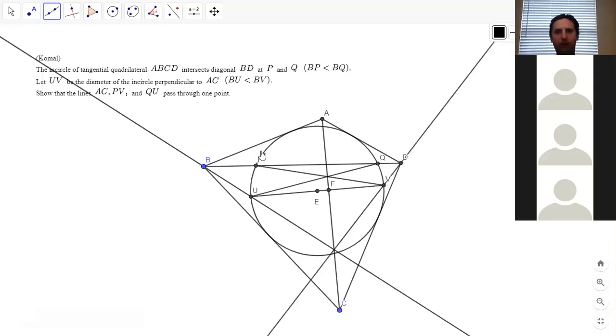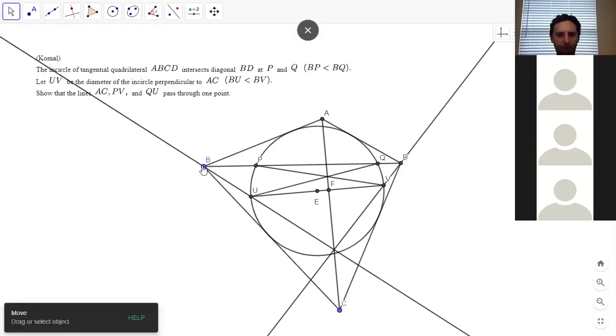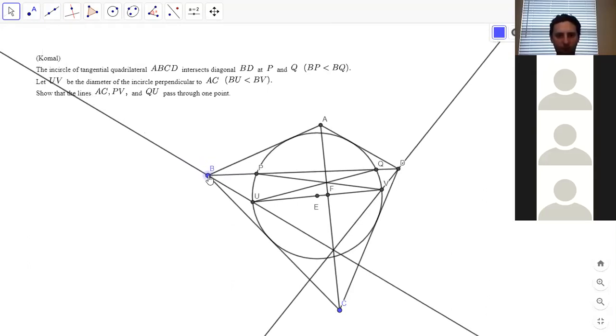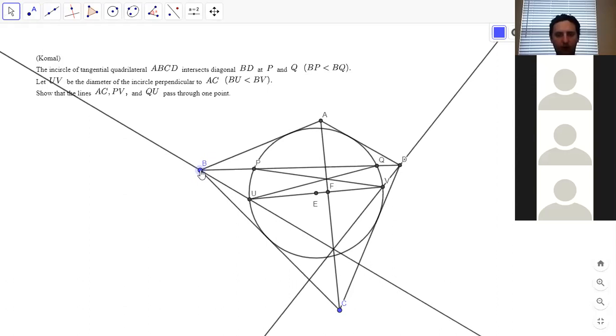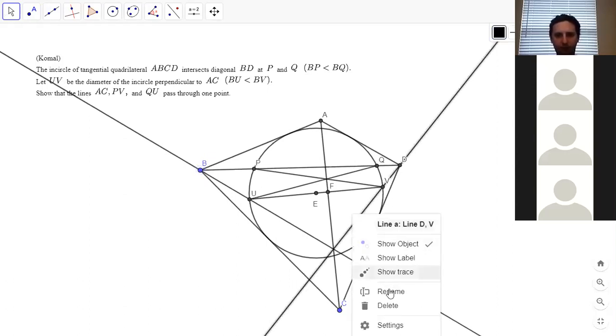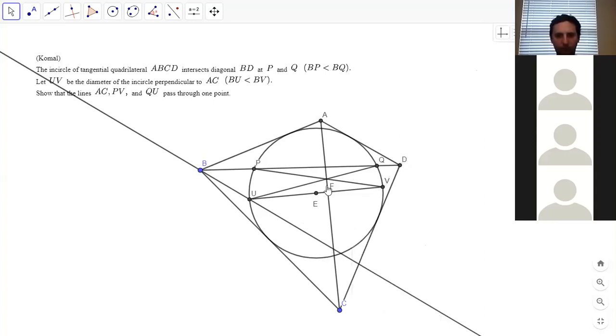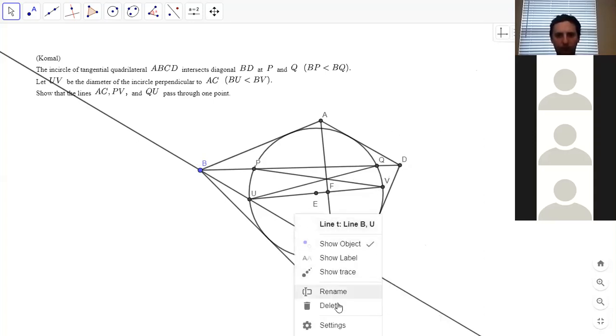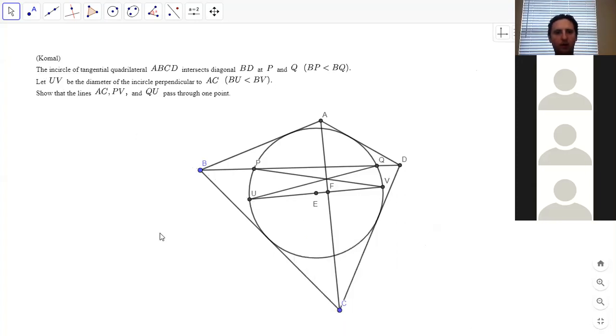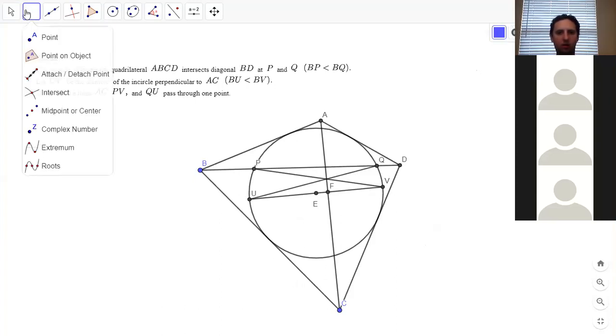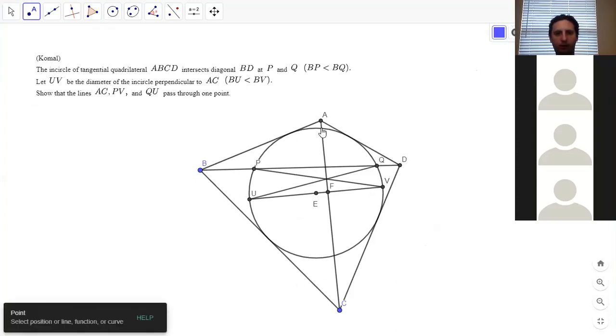No, but it looks like it concurs on AC. So yeah, that's kind of interesting. So yeah, maybe it's worth trying these points.